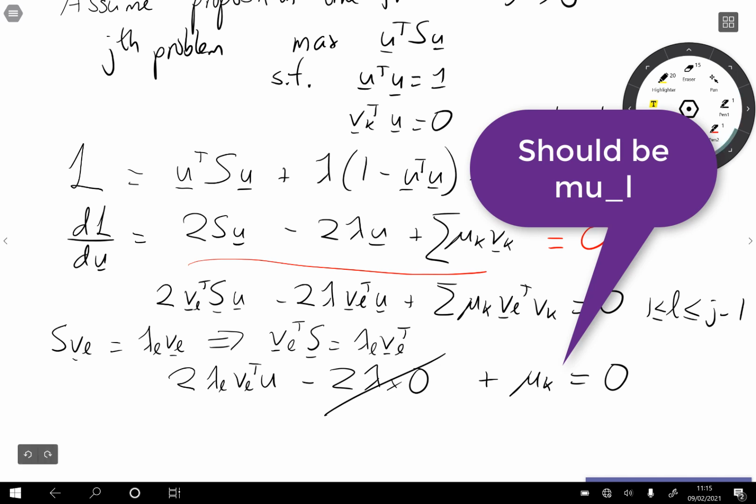Now, similarly, we can go back here and say that v_l transposed u has got to be 0 by our constraints. Our constraint is that u is orthogonal to the previous solutions found. So what we end up with is that the mu_k must equal 0.